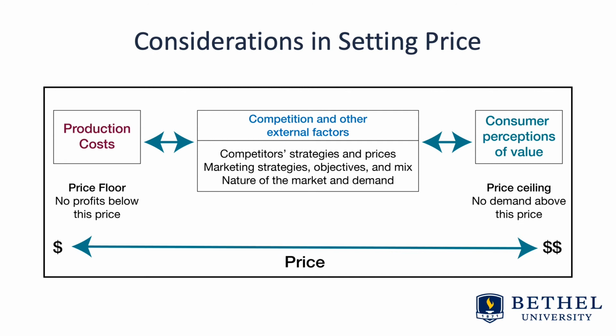Between the 2 extremes, the right pricing strategy is the one that delivers both value to the customer and profits to the company. The floor price is the lowest price that can be offered and provide profits to the company. Below this price, the company will not make any profit.